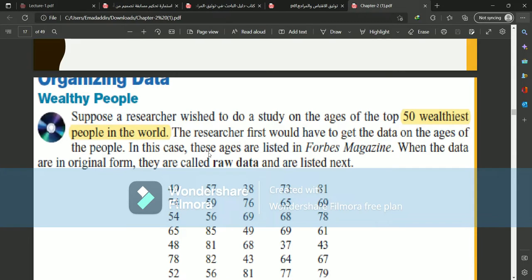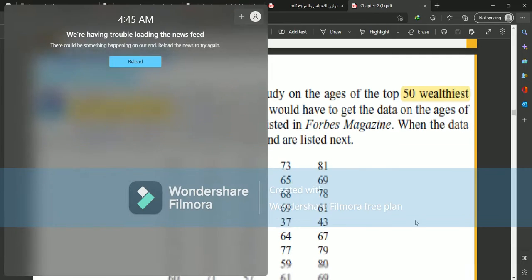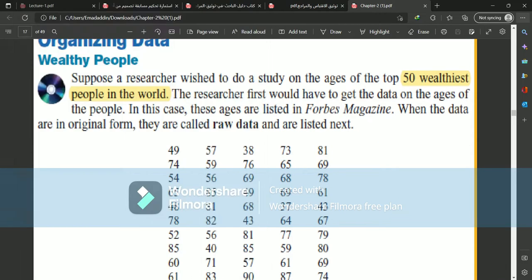In this case, these ages are listed in Forbes magazine. When the data are in original form, they are called raw data and are listed next.